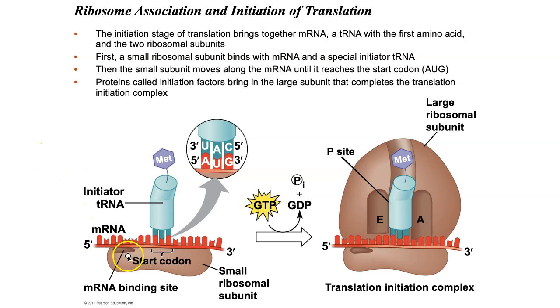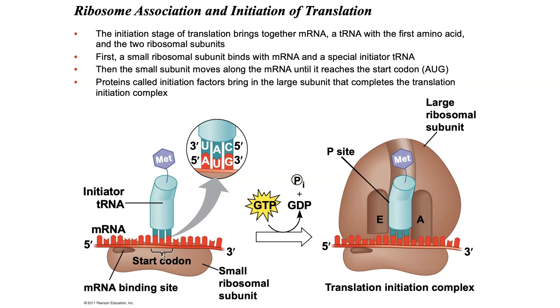So we start with the small ribosomal subunit here. What happens is the mRNA, which contains that 5' cap, that 5' cap helps it to associate properly and align itself with this part of the ribosome. So it's going to feed right through until the ribosome finds the start codon, right?